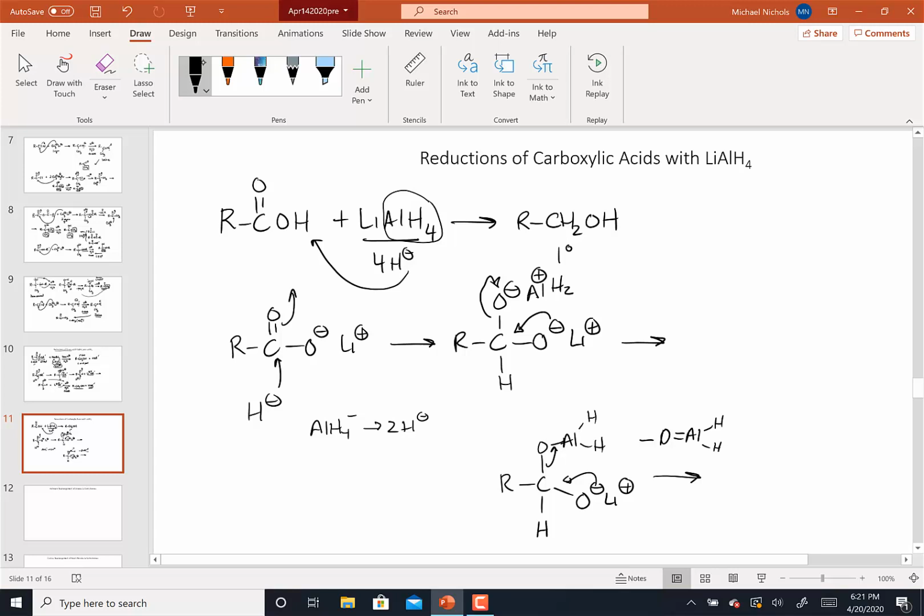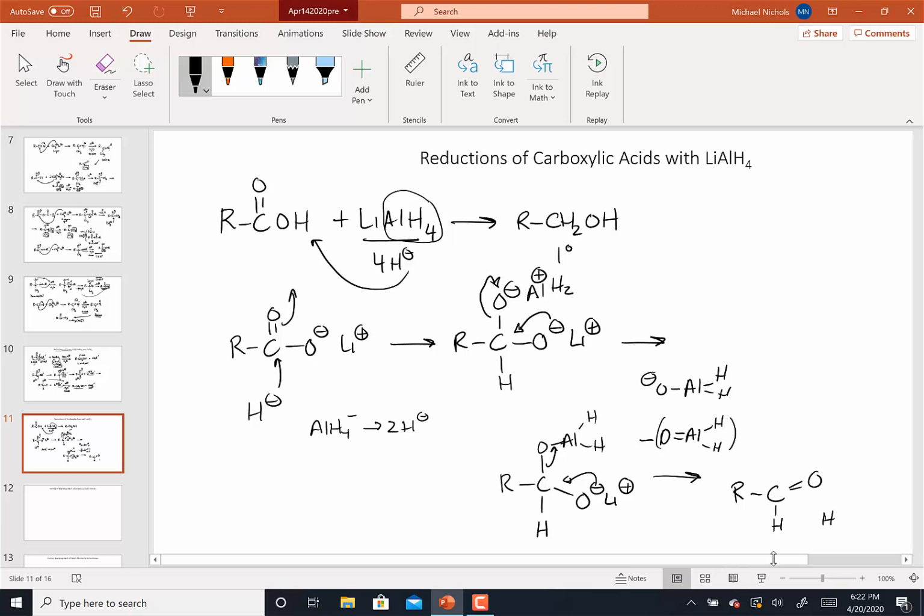It turns out that an aluminum-oxygen bond is really, really strong. So even if you don't like that, think of it as that. That's what I'm losing, and then I'm reforming down here the carbonyl group.